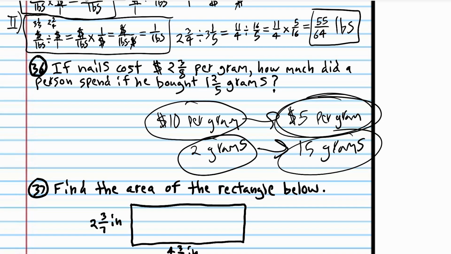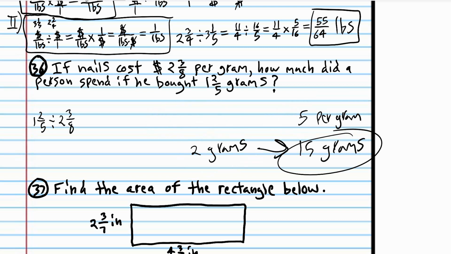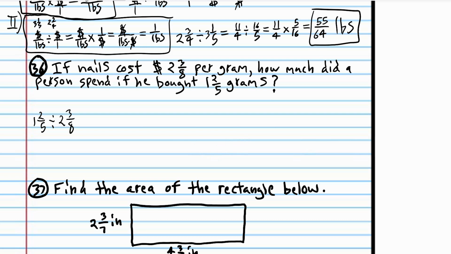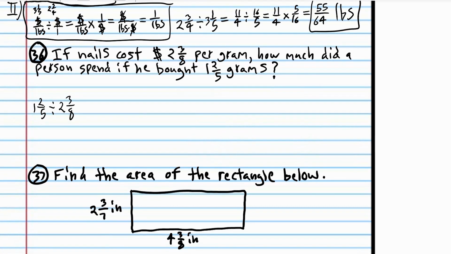All right, so I know to take grams and divide that by this number. So grams and divide it by dollars per gram. All right, so that's one way to do it. Now I know that that's going to work out because again, I use that logic.